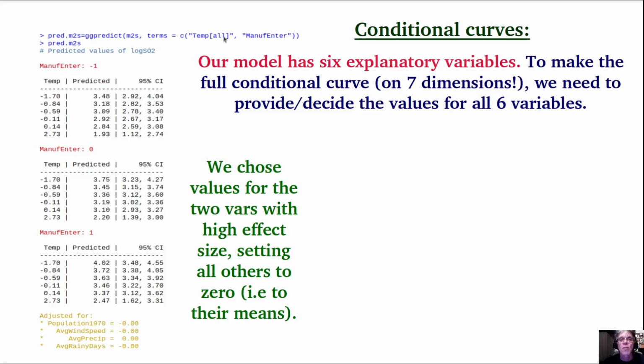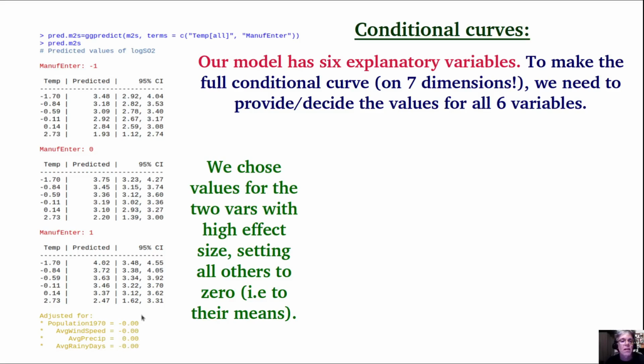I selected all values of temperature. Remember that this variable is scaled. And for the manufacturer enterprises, I didn't select all the values. I selected 3 of them. Whereas for the rest of the variables, their values are set to 0, meaning to their means.